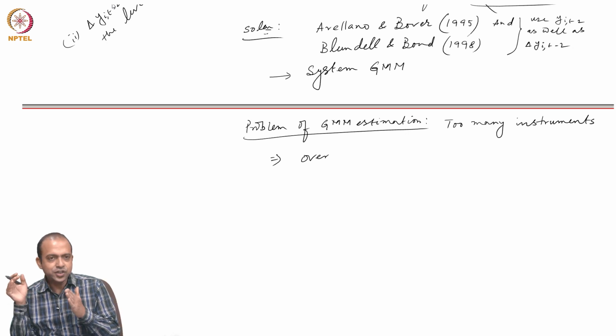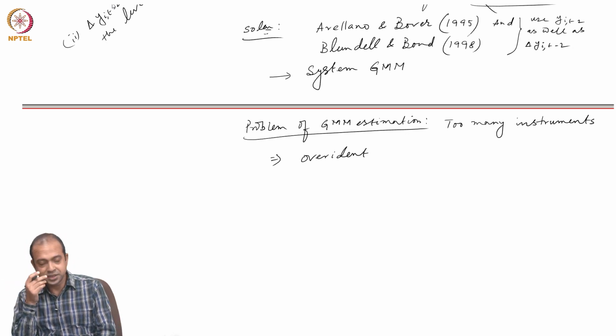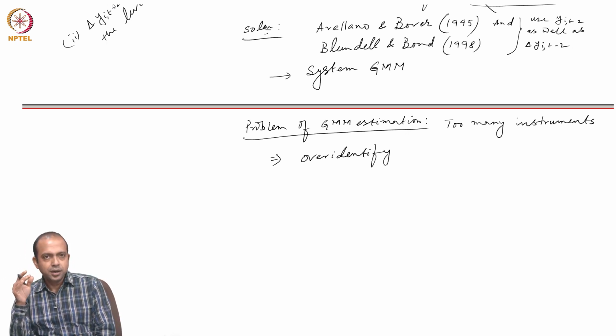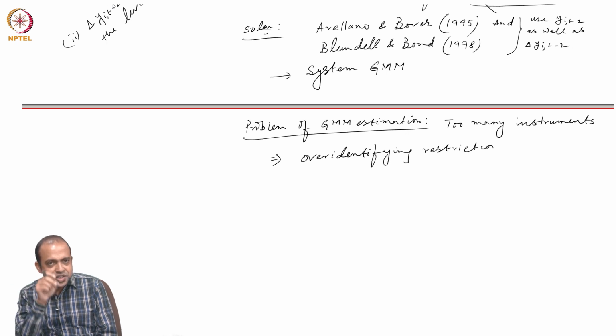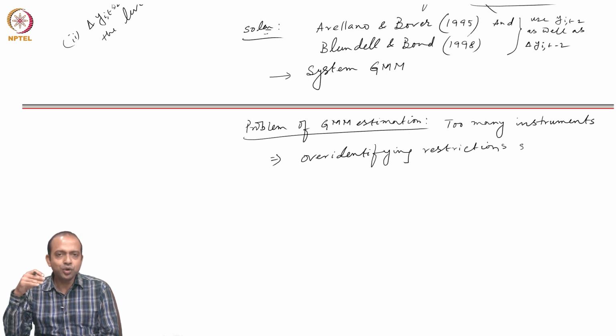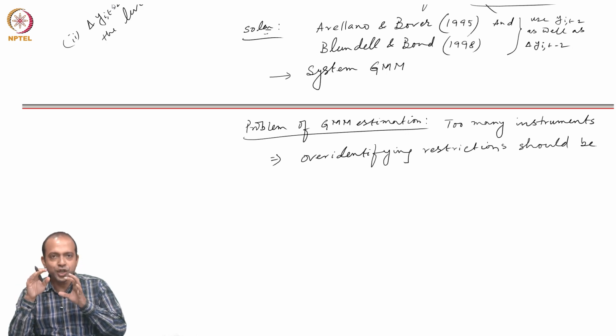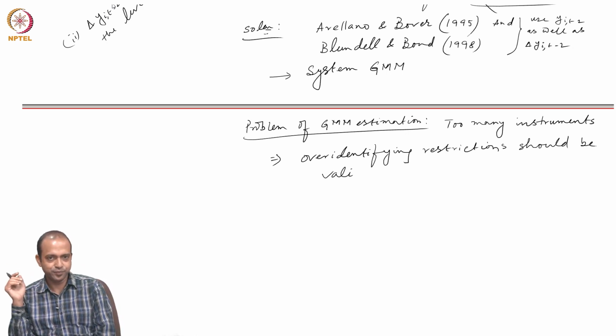One advantage of this GMM estimation is that it corrects endogeneity by using instruments from the system itself. That means we are taking only lags of Y(i,t). We are not looking for instruments from outside.